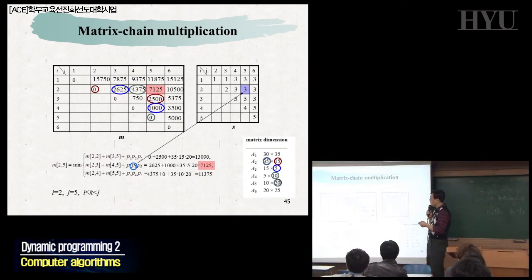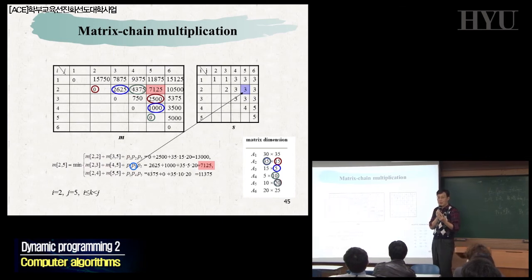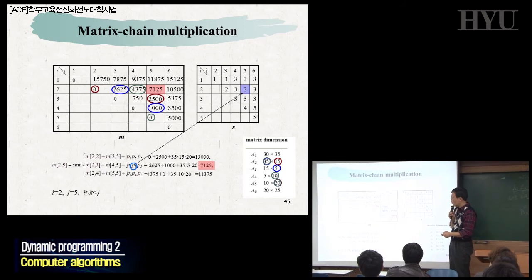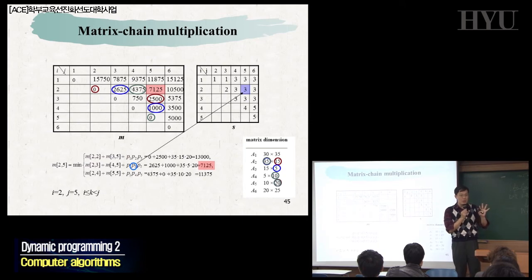We are going to compute m2 comma 5. So there are 3 possibilities of last multiplication: between 2 and 3, 3 and 4, and 4 and 5. We calculate every possibility and then take the minimum.